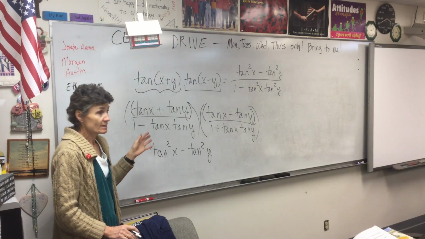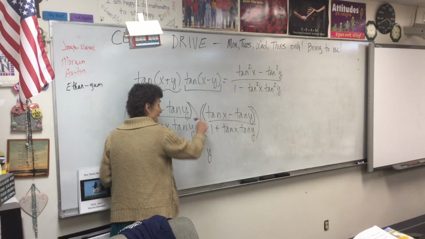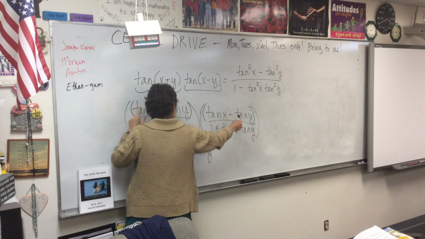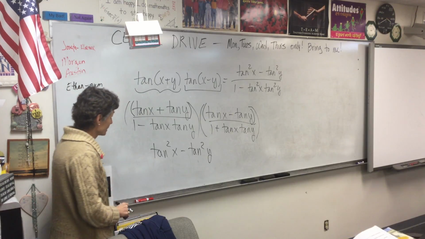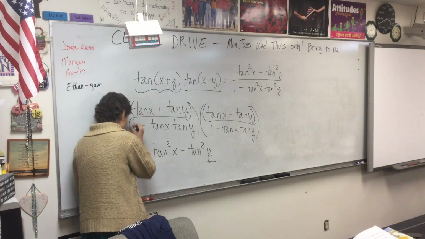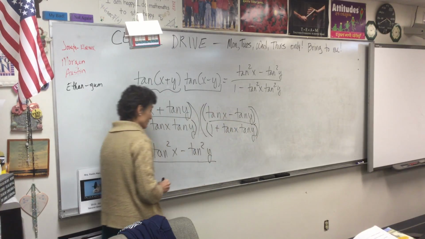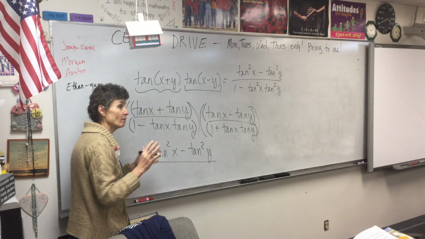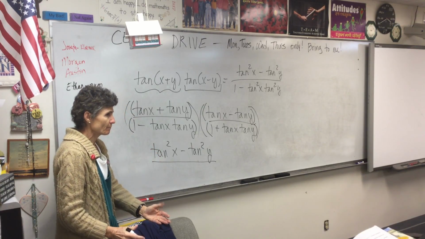Now, I've done hundreds of these, so that makes sense to me. If it doesn't make sense to you, FOIL it out. First, outside, inside, last. FOIL it out, and this is what will happen. All right, now, don't we have to do the same thing on the bottom? Yeah. You're multiplying this denominator times this denominator. So that's another big FOIL. But is it kind of the same situation?